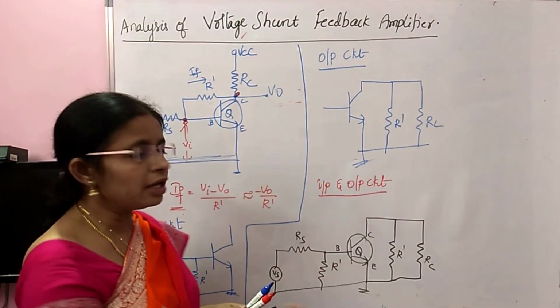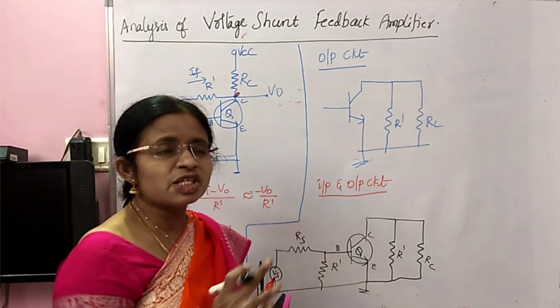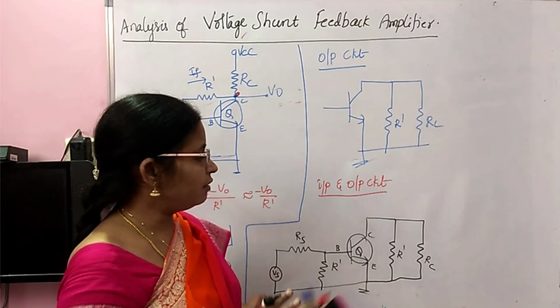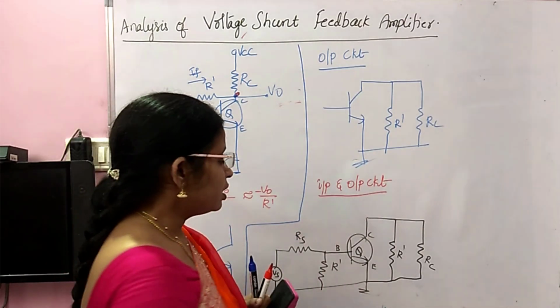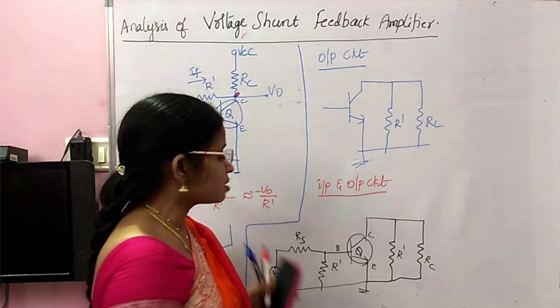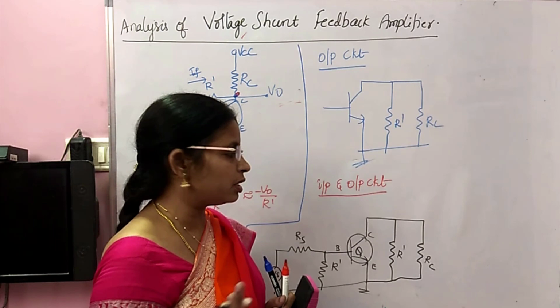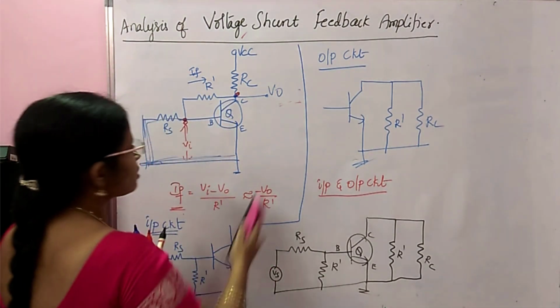Yes, this is your input output circuit. In the next step, you have to draw the H parameter model equivalent for this input output circuit. To draw the H parameter model, you have to do only simple things. Just replace this transistor with its approximate H parameter model. Okay. So now I am drawing it.